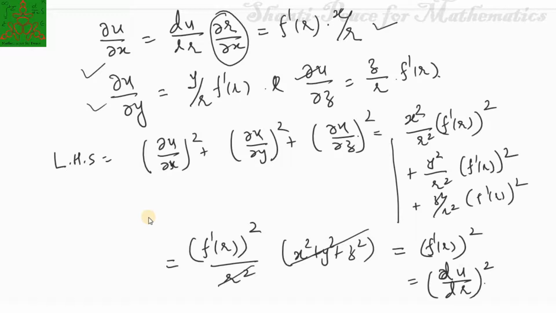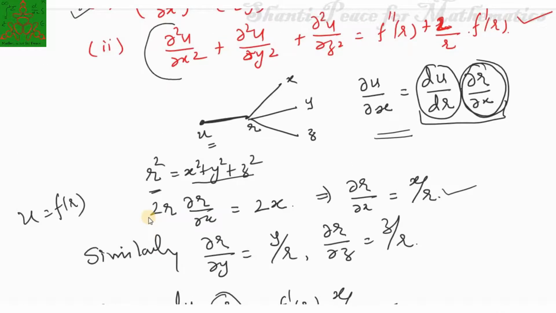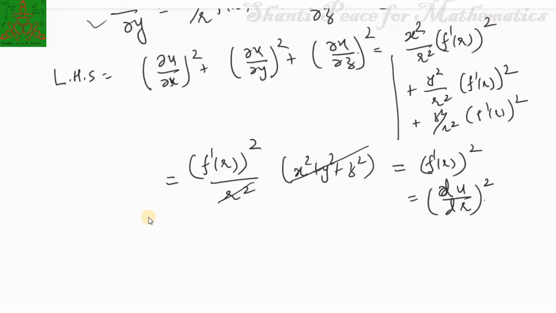Now for the second equality you have to take the partial derivative again, because in the second equality we calculate the second order partial derivative of u with respect to x, with respect to y, and with respect to z. As we have here, del u by del x is equal to x by r f dash of r.